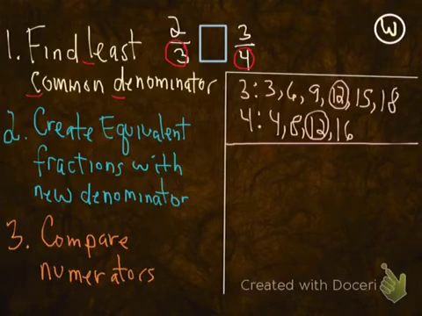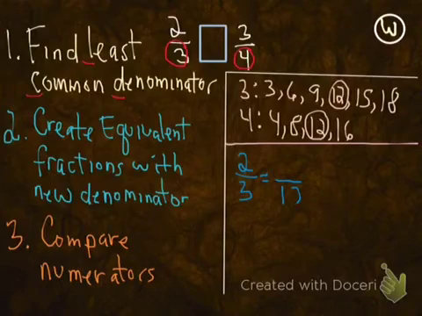Step 2, we're going to create equivalent fractions with this new denominator. You'll see what I mean in a second. If we take 2/3, our first fraction that we're trying to compare, we're going to create an equivalent fraction. If you remember a target from 6 weeks ago or so, we talked about creating equivalent fractions.